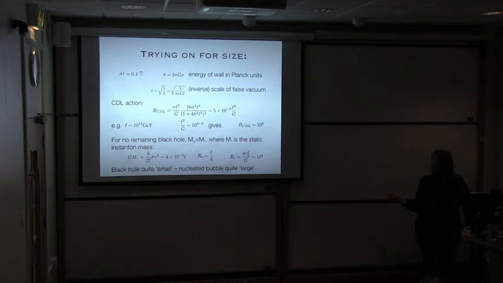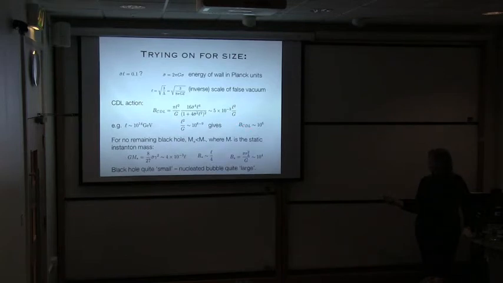Sigma bar is the energy of the wall in Planck units, L is the scale of the false vacuum, and so your Coleman De Luccia action is, roughly speaking, L squared over G. If your L was around Gauss scale, then this would give L squared over G of 10 to the 8 or 9. And so this gives you a Coleman De Luccia action of about 10 to the 6.